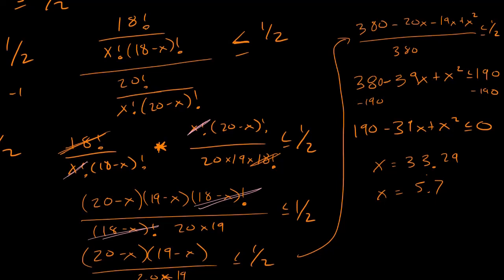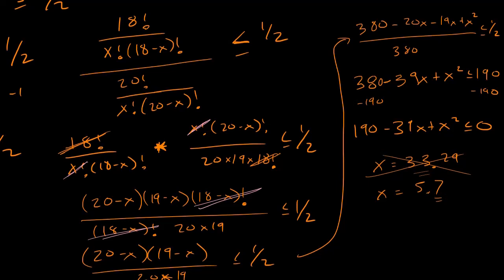And of course, remember, what is x? It's the number that we're asking the inspector to sample. So they can't sample half of a light bulb or 0.7 of a light bulb. And they can't sample 33 light bulbs because I only have 20. So that's not going to be a solution that we're going to use.